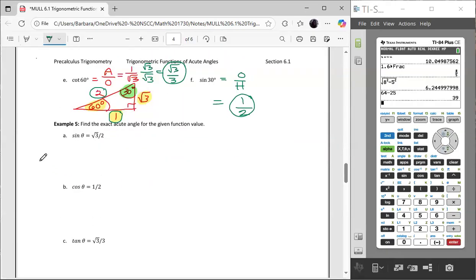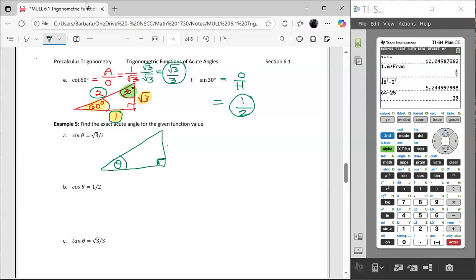Okay, so we can also use special angles or special triangles to find the exact angle now. So here we have the ratio of the sides. What I would do is sketch a right triangle, not knowing what the angles are. Don't worry about its accuracy because we will just put the ratio of the sides. So the theta in question, the sine of that angle is the square root of 3 over 2.